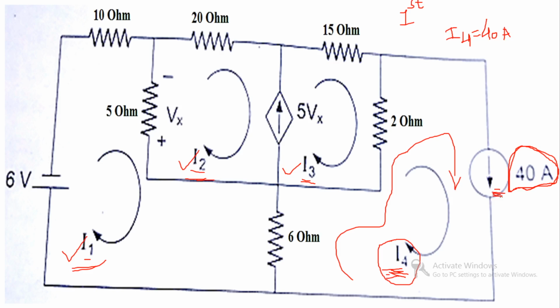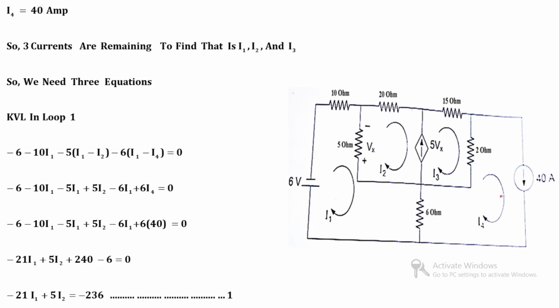So let's start with KVL in loop 1. Here I4 is equal to 40 ampere, so we have the remaining currents I1, I2 and I3. We have to apply Kirchhoff's voltage law for loop 1. Let me mark the polarities for loop 1.